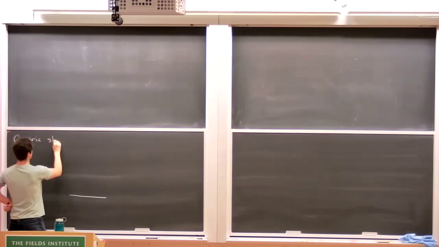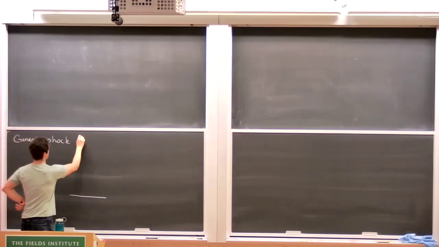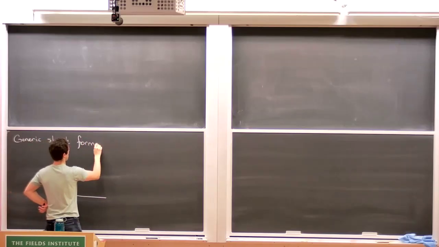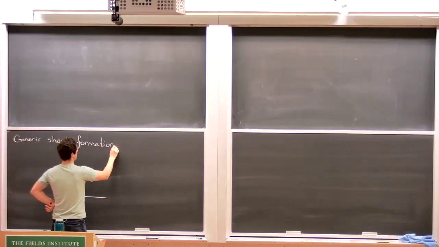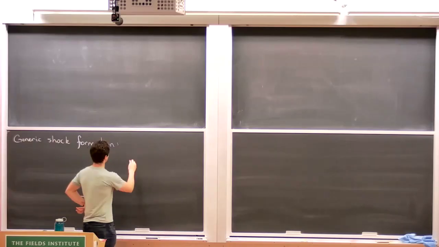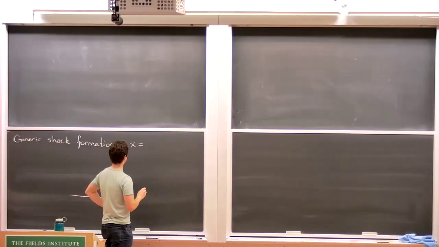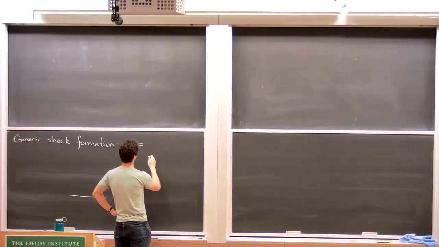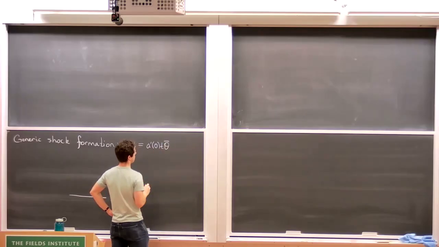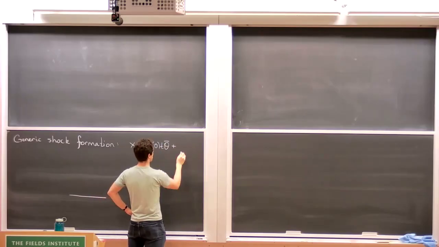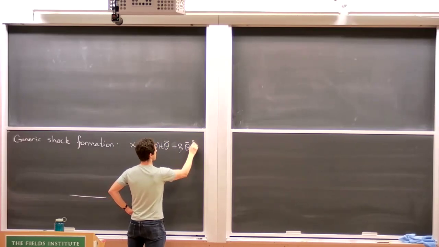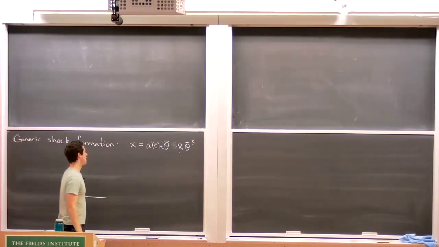This is a notion of generic shock formation, and it should be dominated by a profile solving an inverse cubic equation. I've called this profile theta bar, bar indicating that it's some kind of nice exact model solution.